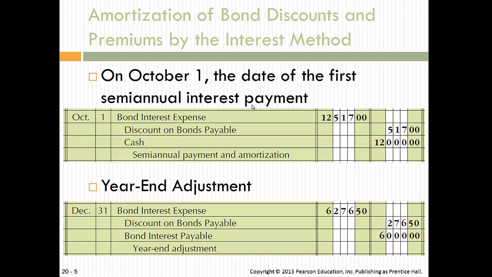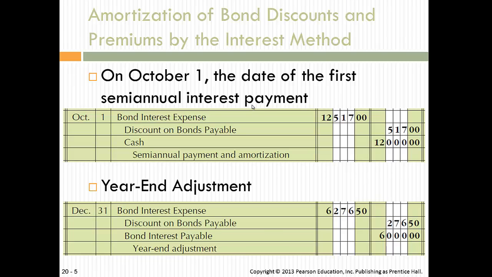That means we debit interest expense for $6,276.50, credit discount on bonds payable for $276.50, and credit bond interest payable for half of $12,000, which is $6,000. Remember, it's not the day to pay the bondholders, so at this point we have a liability to credit, not cash.